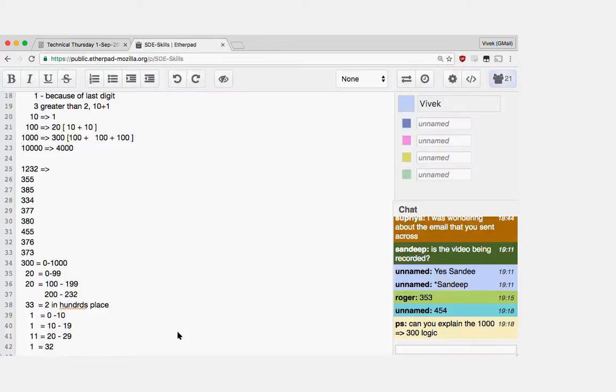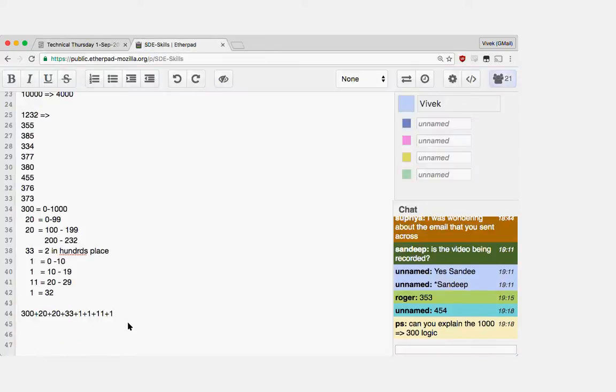Yeah, please put it on the Etherpad if you can, because I think you can go with a for loop from 0 to 1232 and then count the 2s. That is the brute force way of doing it, and any other clever way would be our way of what we just did.